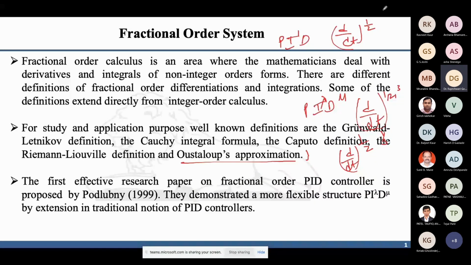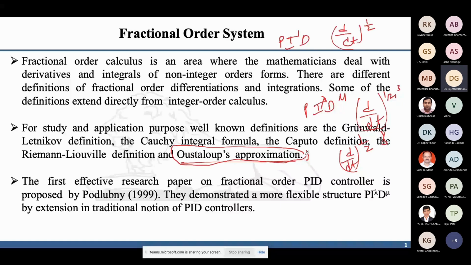Right now, in our research work, I'm mostly using the Oustaloup recursive approximation. This is one kind of filter, an IIR, infinite impulse response type of filter, right? The concept was inspired from the IIR filter itself, and that filter is used for designing this.